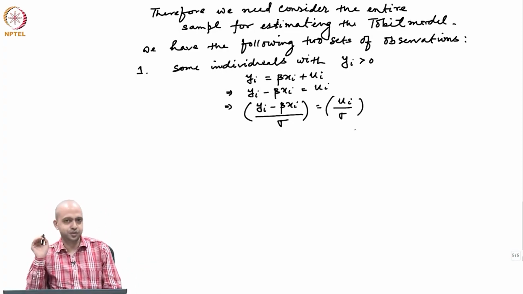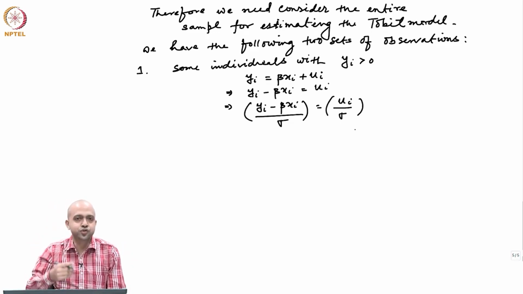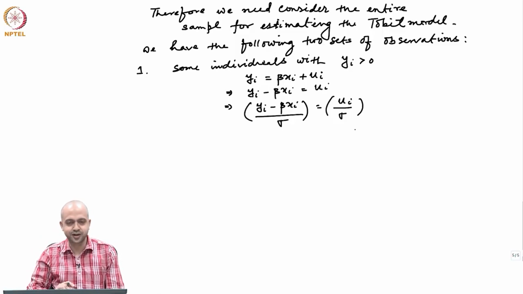Okay, this happens, and the probability of observing those households with yi greater than 0 can be represented by the standard normal distribution.